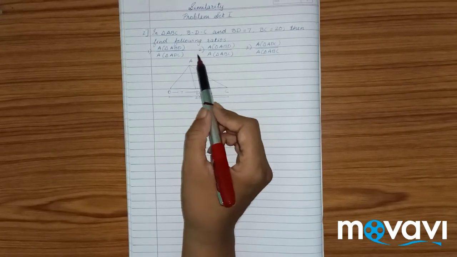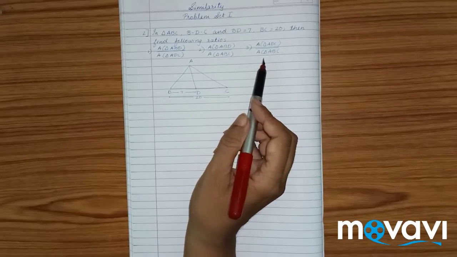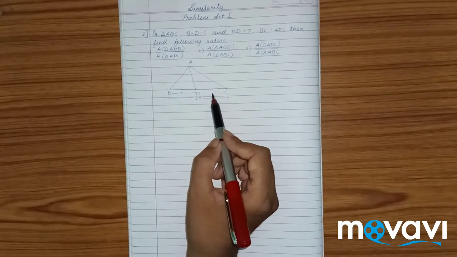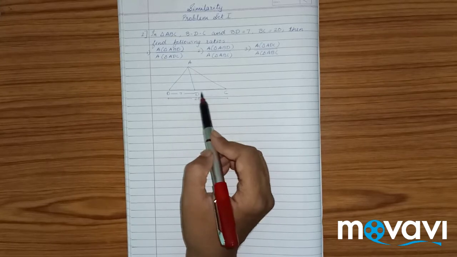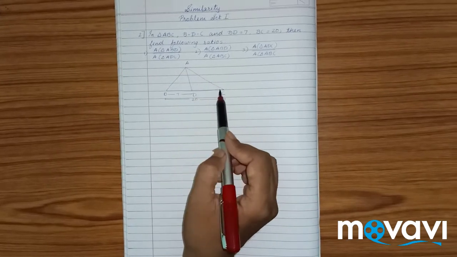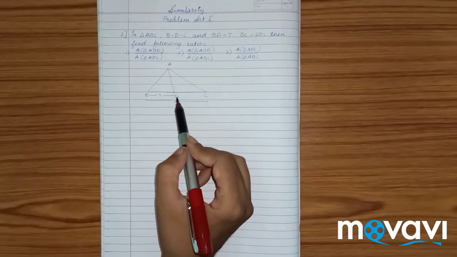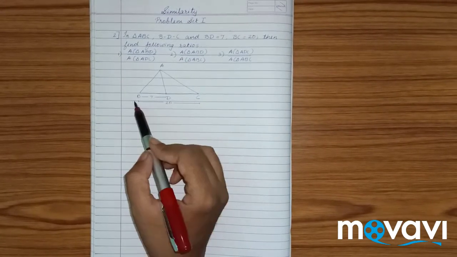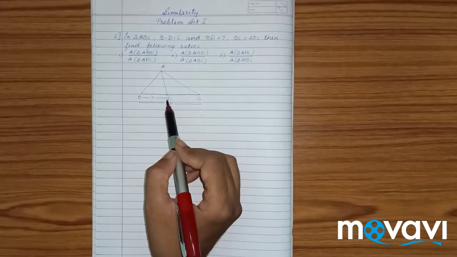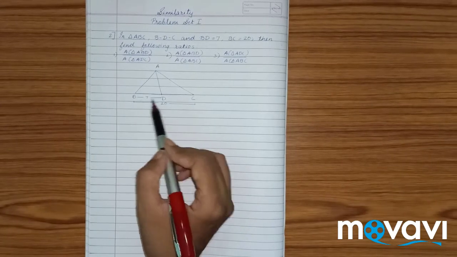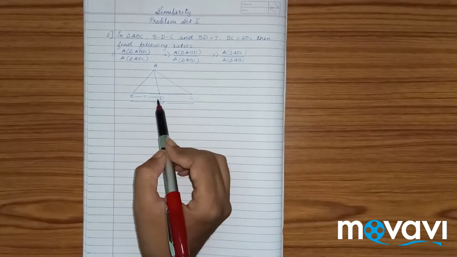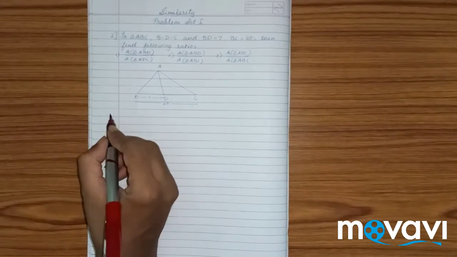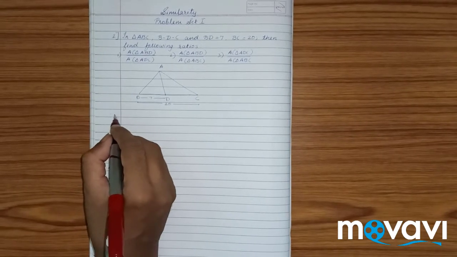After looking at these things, we come to know that somewhere DC is also important. Why? Because triangle ADC is also given to us, and it becomes easy for us to find DC because BC is given and BD is given. So what will be DC? It will be BC minus BD. So let's write this down first with respect to what is given to us.